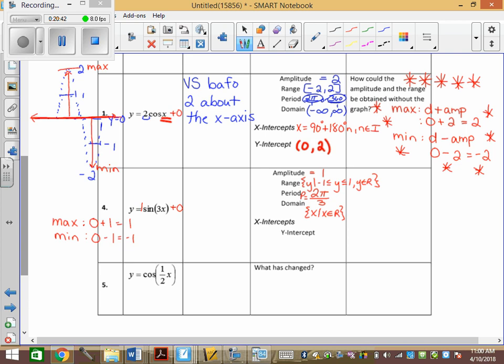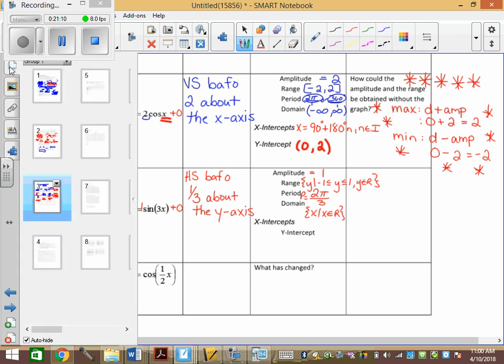There's only a horizontal stretch by a factor of 1/3 about the y-axis, which makes sense. It's being narrowed, right? It was at 2 pi. It's now 2 pi divided by 3 because we multiplied everything by 1/3, right? Crystal clear? Okay.